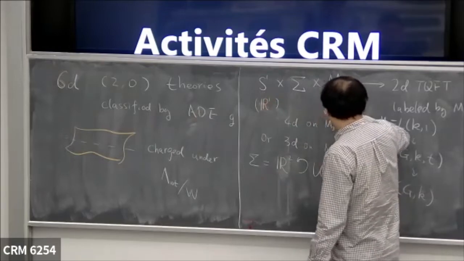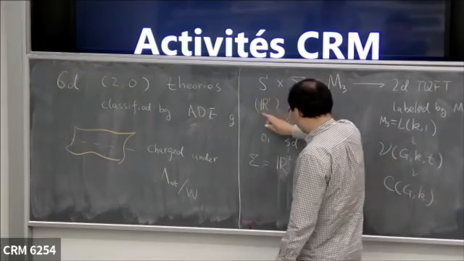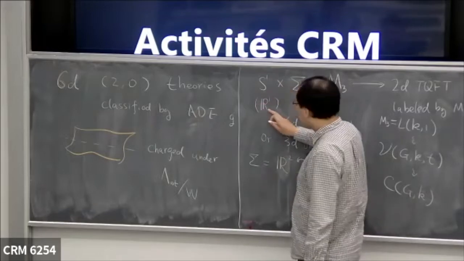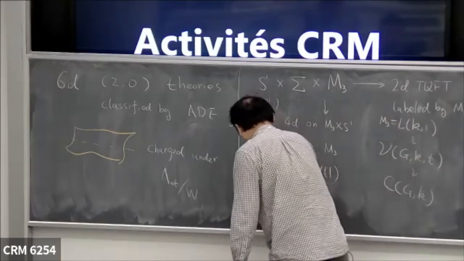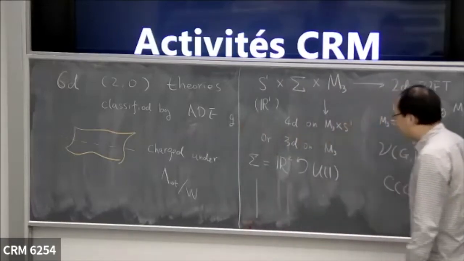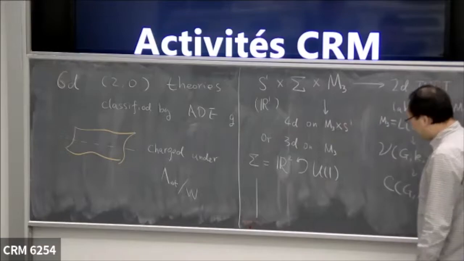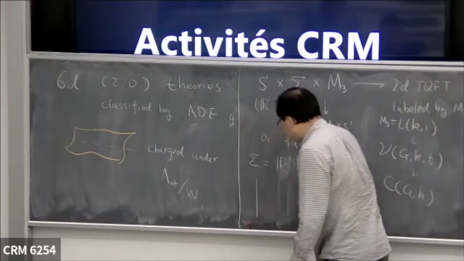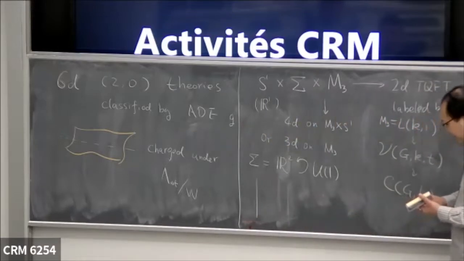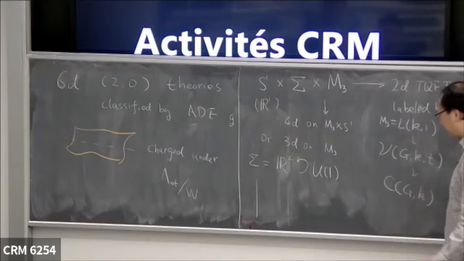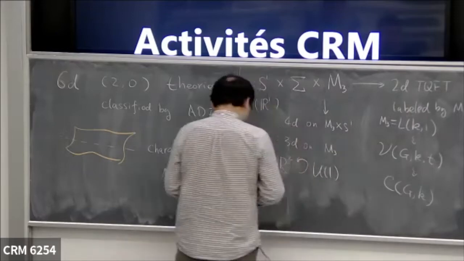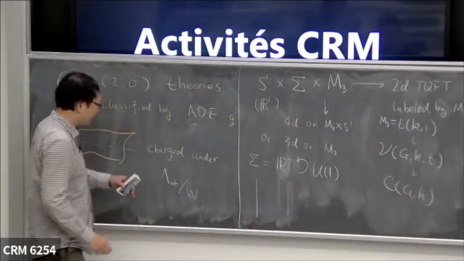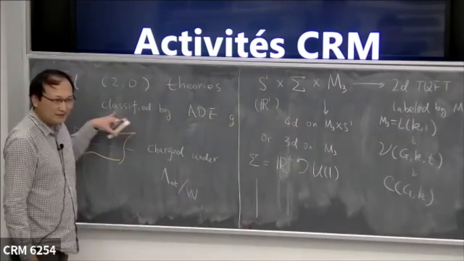If I further reduce on M3, I'm supposed to have some quantum mechanics along the R direction. So I have some quantum mechanics. And then the Hilbert space of this quantum mechanics is going to contain some states that are generated by those strings.